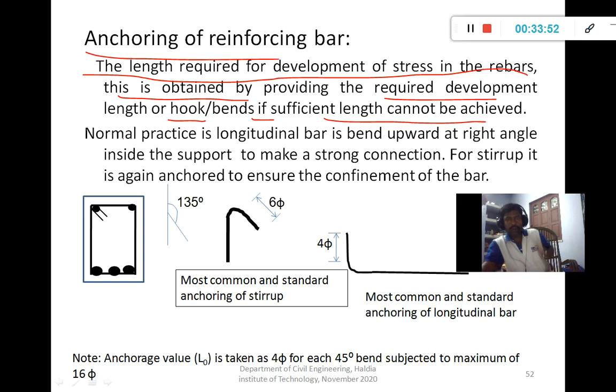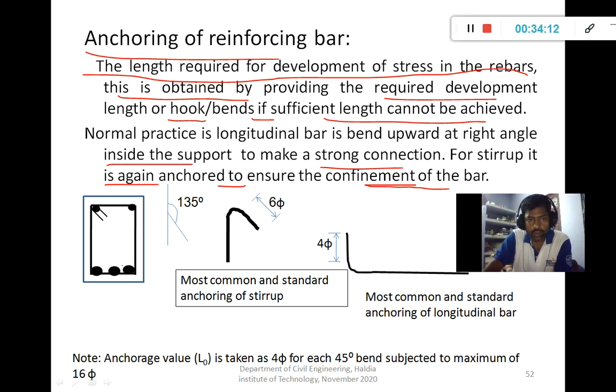The normal practice is that the longitudinal bar, meaning the main bar, is bent upward at a right angle and goes inside the support to make a strong connection. For stirrups also, it is anchored to ensure the confinement of the bar. To increase the confinement, this bar is anchored.